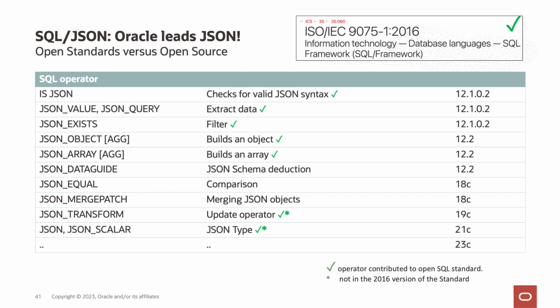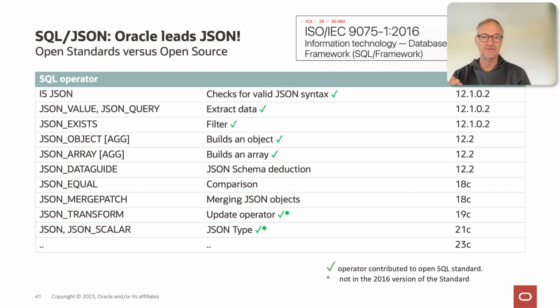Whatever we build, starting with 12.1.0.2, we submit it to the standard, we work with the ISO standard to make this functionality clearly defined, clearly documented, and something that can be leveraged by every database vendor out there, because we believe that the transparency and interchangeability comes more from open standards than from an open source perspective, where it's kind of nice having an open source database with a very proprietary language, like Postgres had at the very beginning, and then no one else can use it anywhere else.